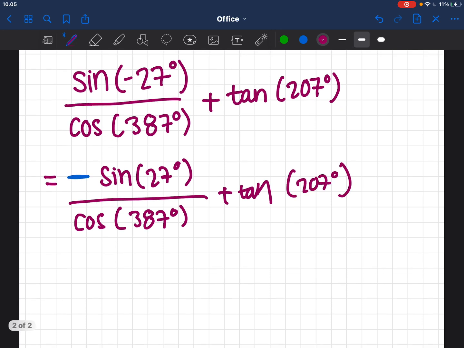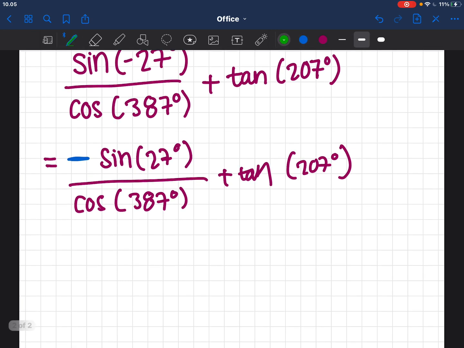Alright, so what are we going to do with that? Again, we could shorten this, right? You see sine and sine over cosine, you immediately think about tangent, right? So yes, we could turn it into tangent, but the degrees inside are not the same. So we have to modify a lot of things here. So 387 degrees, what we're going to do first is subtract 360.